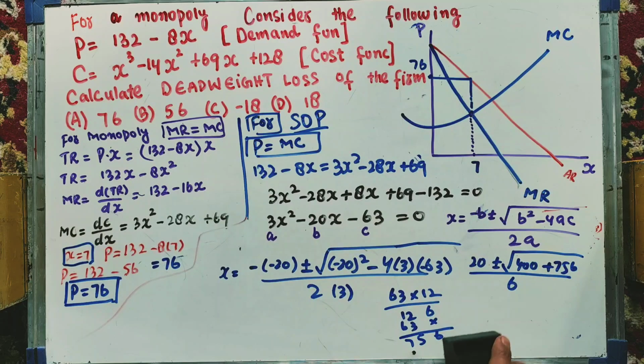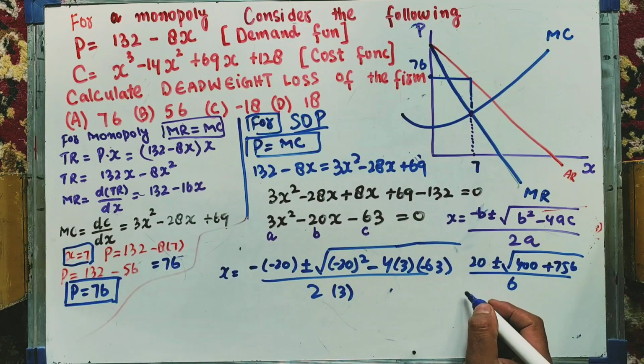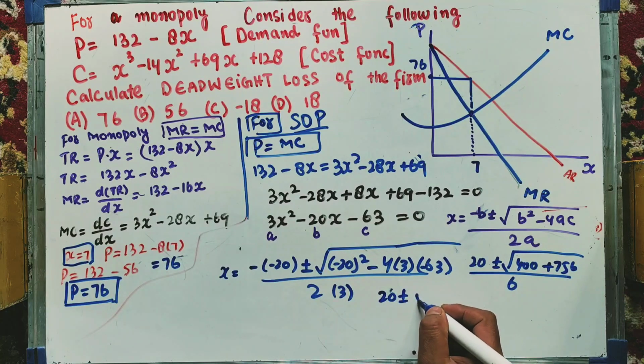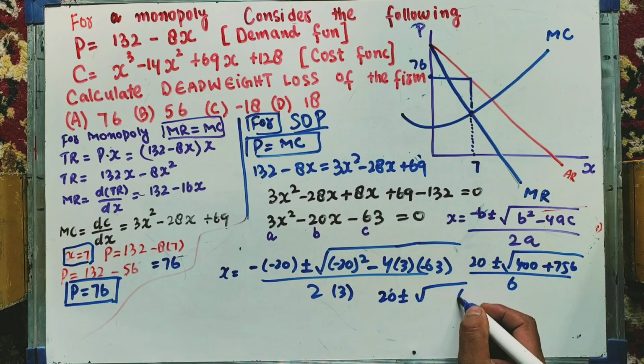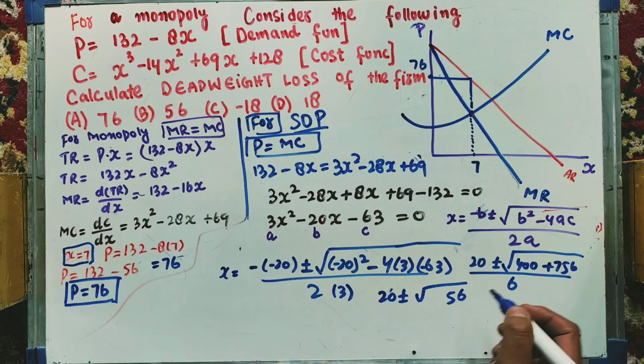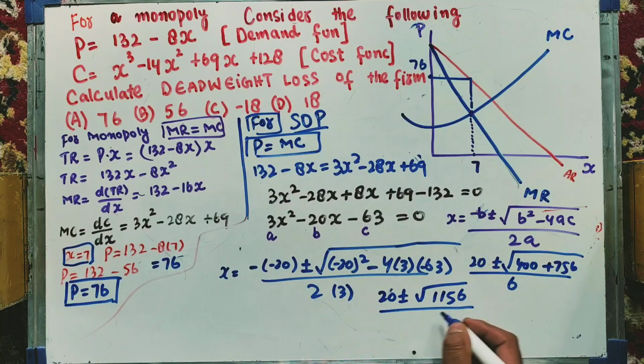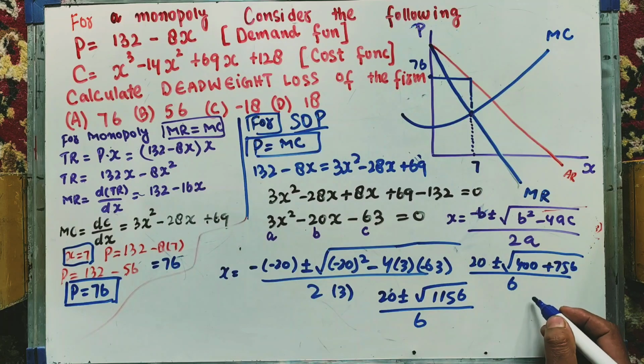Now solving it further. So let's add these two terms. So we have 20 plus minus the square root of 1156, divided by 6. So let us see whether it is a perfect square or not. So we have 1156.